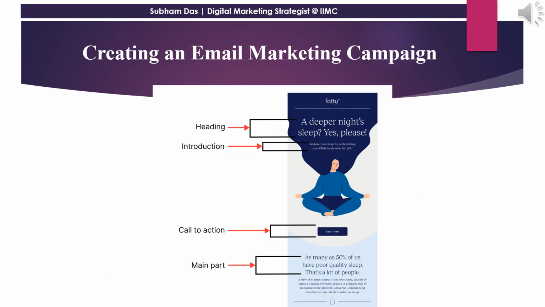Now let's discuss creating an email marketing campaign. While you're creating an email marketing campaign, some of the elements that you should not miss are the heading, that is the subject line of the email, the introduction, that is a short description about the email, the call to action button, what you want the reader or subscriber to do, what action you want them to take.